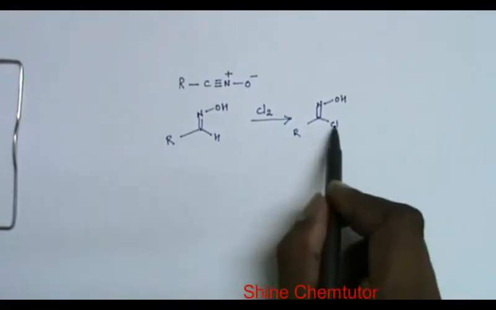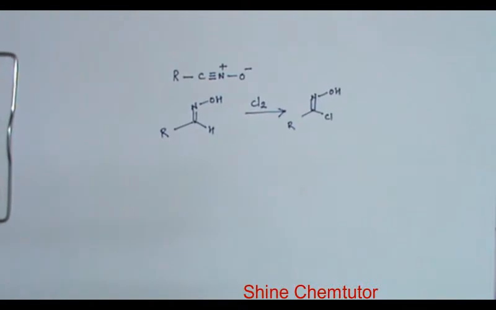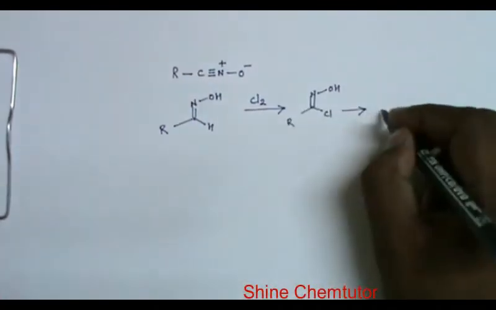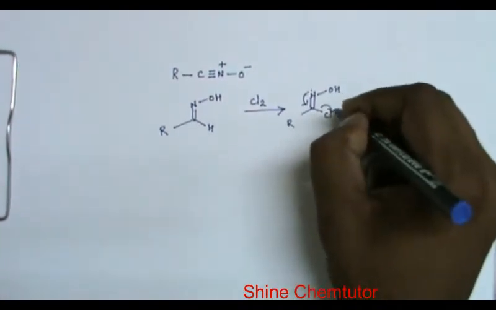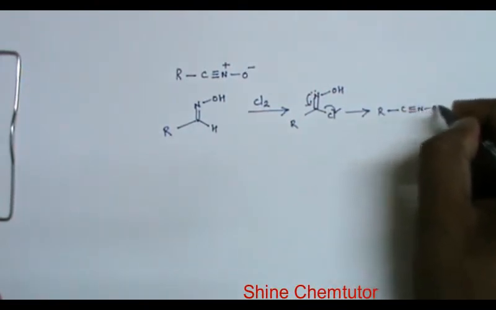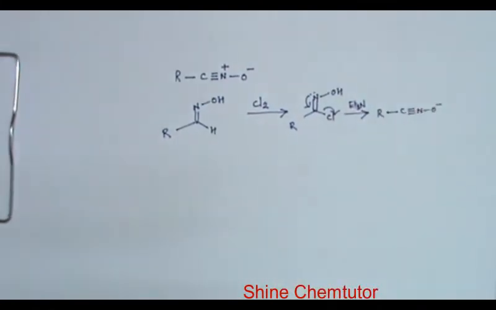This hydrogen is replaced with chlorine, or you can go for even NCS. Then this eliminates Cl and hydrogen, and what we get is nitrile oxide. So we treat with, I think, a base, triethylamine.